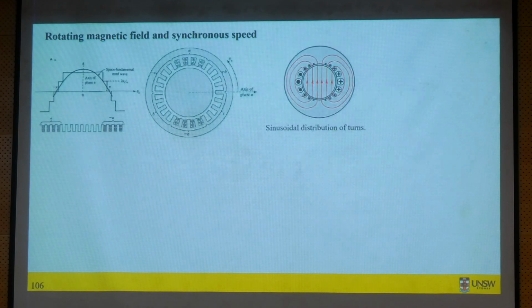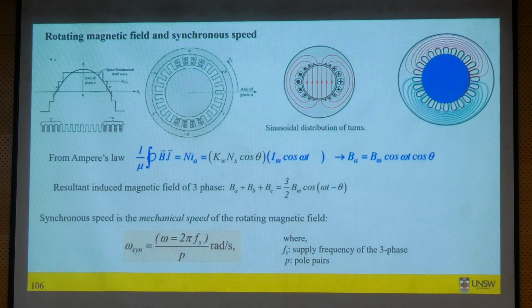The other concept which is very important for three-phase AC machine is that rotating magnetic field, right? If we supply three-phase balance current to our stator without doing anything, if you simply supply three-phase current, you get a rotating magnetic field. Okay?